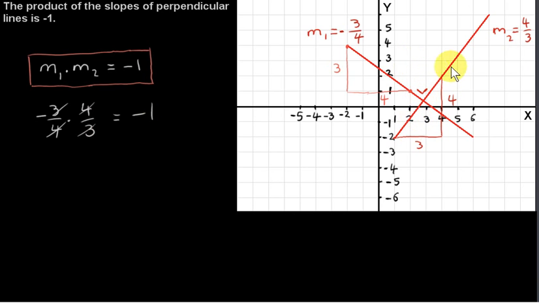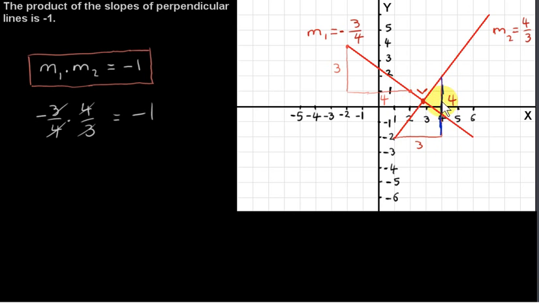As an aside, I will quickly run through a reason that makes sense for this rule here. If you can imagine rotating this line 90 degrees anti-clockwise about this point here, what would happen? Well, this distance here, this blue distance, is vertical.